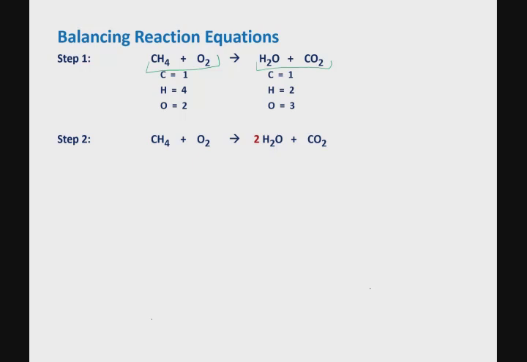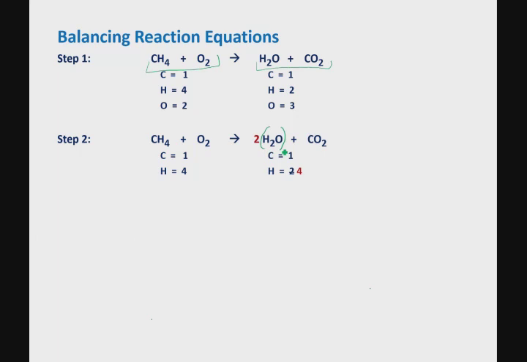I see that there are 4 hydrogens on the reactant side but only 2 on the product side. I added 2 in front of water on the product side, because basically that changes the number of hydrogens on the product side to 4 as well, because this number 2 applies to the entire chemical formula H2O.